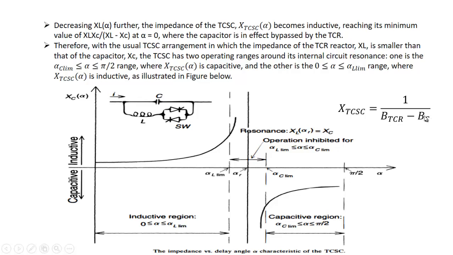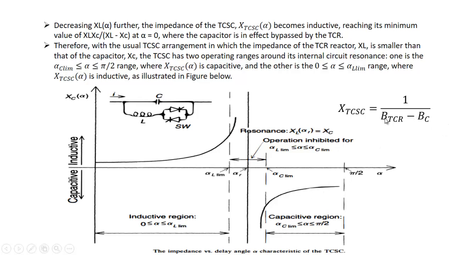For example, if BC is 10, 1 by 10 is 0.1, so minus 0.1, in the fourth quadrant. When BTCR is, let us say, 5, 5 minus 10 is minus 5, so it becomes minus 1 by 5, that is minus 0.2, so it has increased.